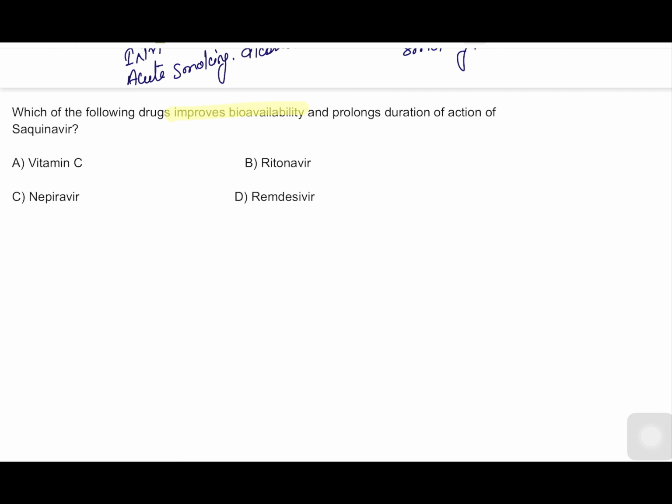Next is, which of the following drugs improves bioavailability and prolongs the duration of action of saquinavir? So if you know, in protease inhibitors we have one drug, ritonavir. Ritonavir was earlier made as an antiviral drug, but they found out it is a most potent enzyme inhibitor.